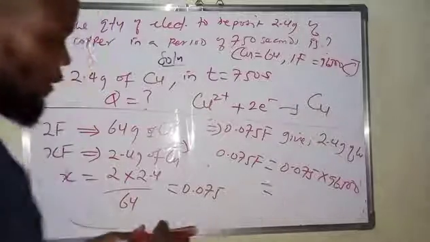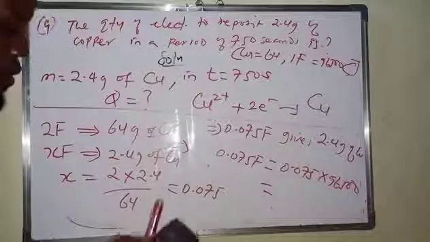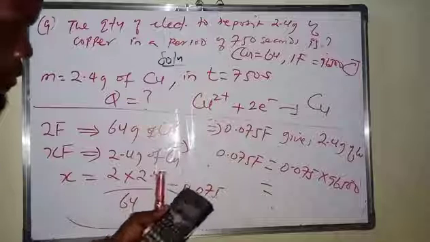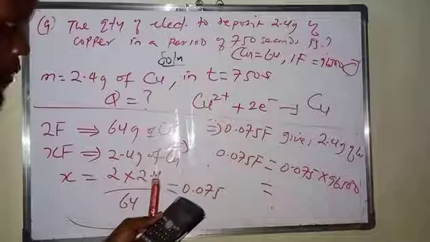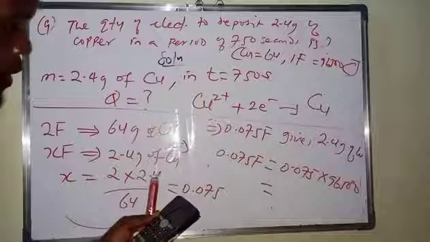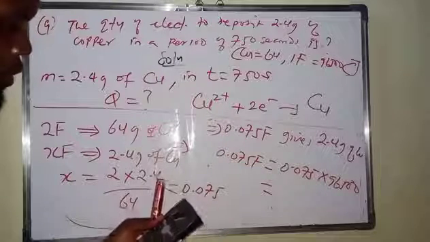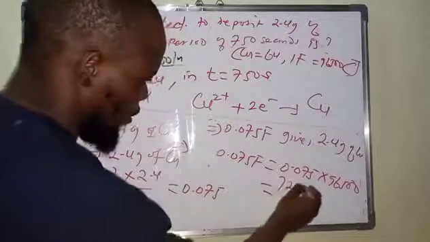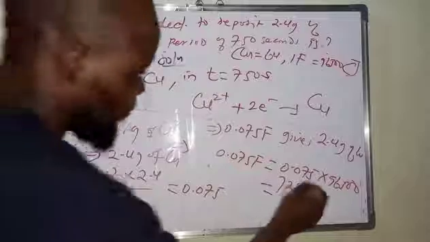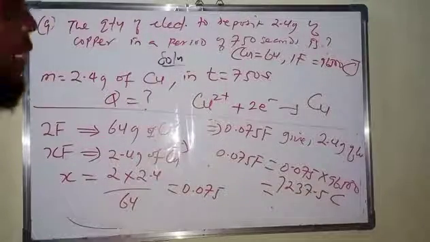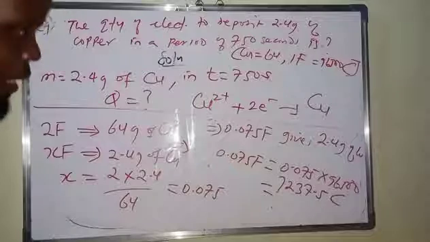This gives us 7237.5 coulomb, and that should be the answer.